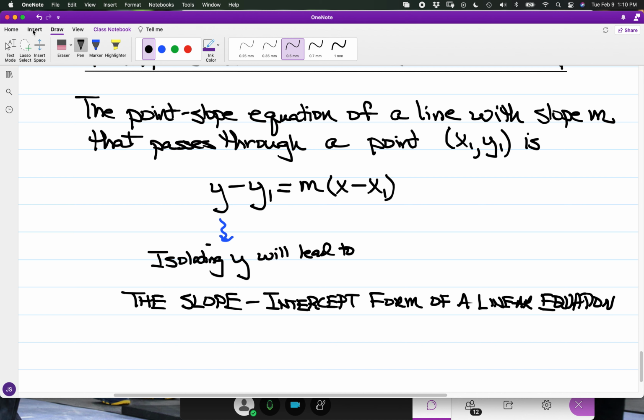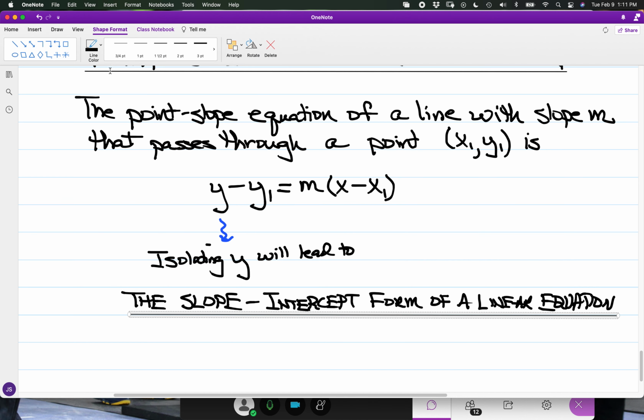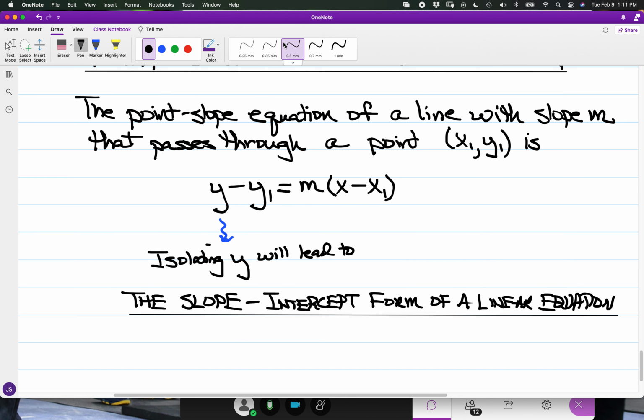And for this particular form, we're going to have that y is equal to mx plus b.